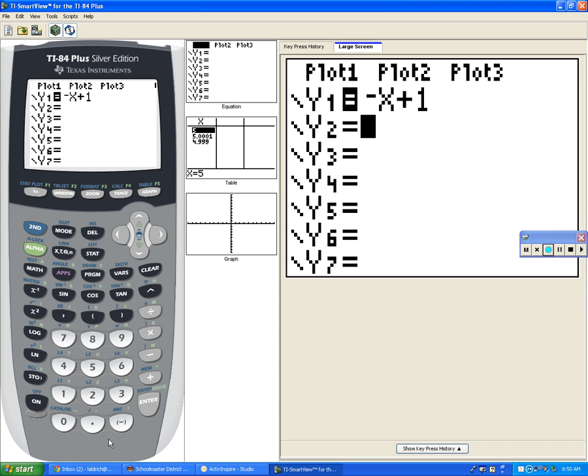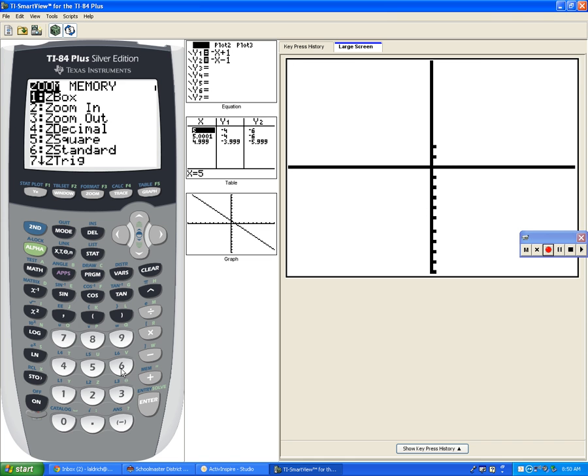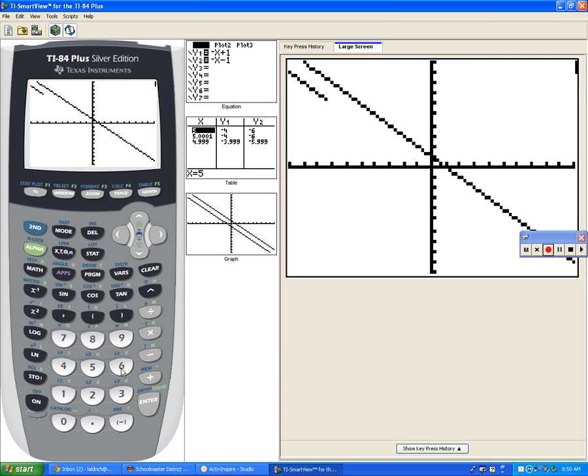And then I'm going to go negative x minus 1. And then Emily, the way you can get it back to a regular 10 by 10 window is go zoom 6, and then there you are. Okay, got it now? My calculator broke. Okay, good job. That's yours.